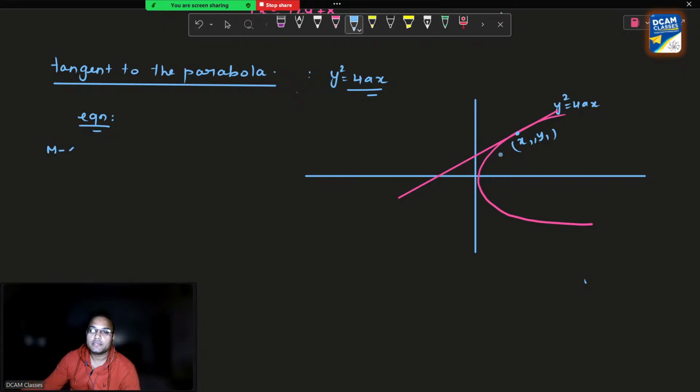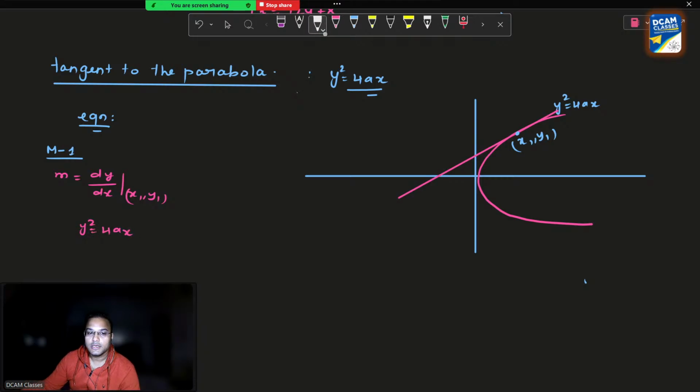There are two methods. Method one is you can find out the slope m of this tangent, which is dy by dx at (x1, y1). So y square is equal to 4ax.